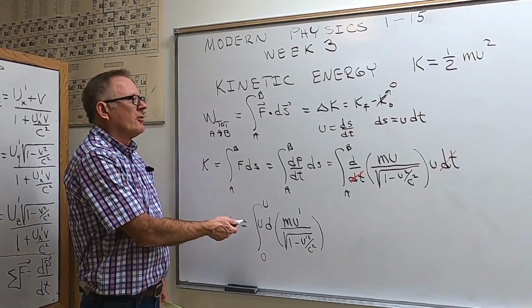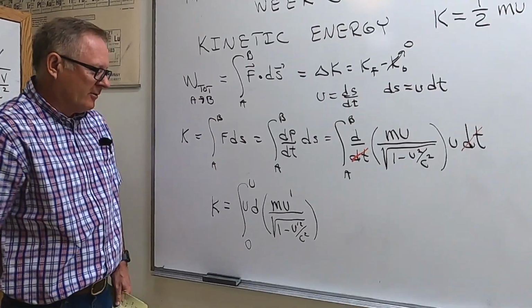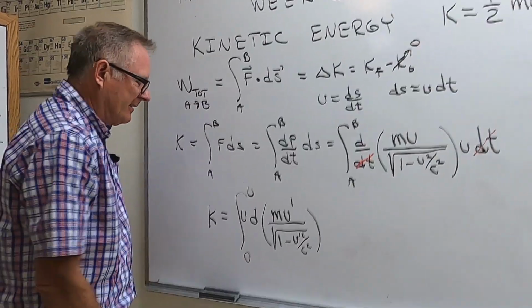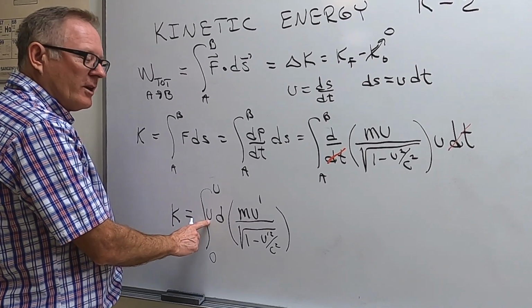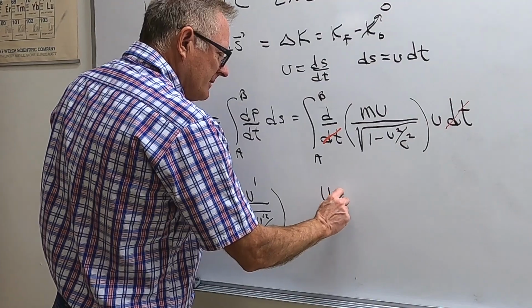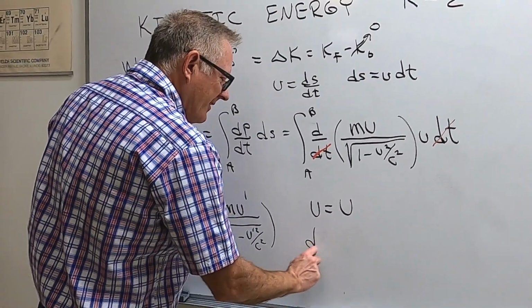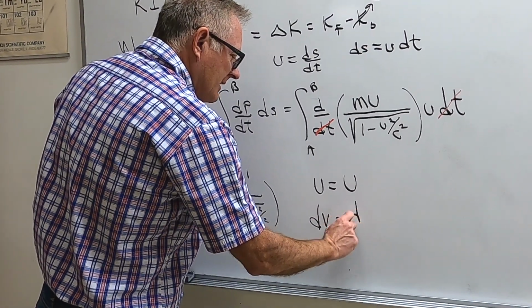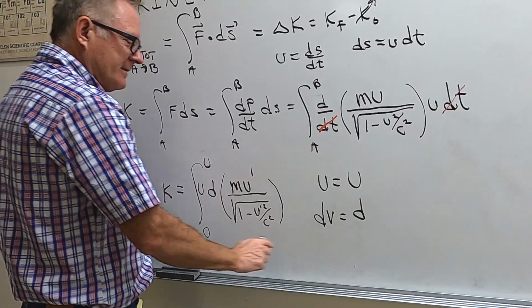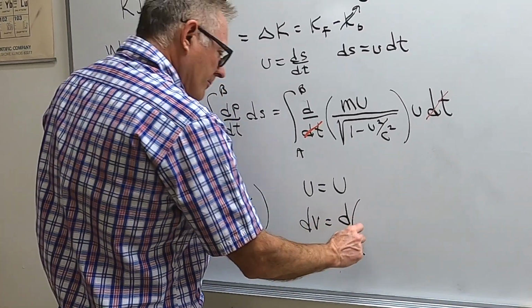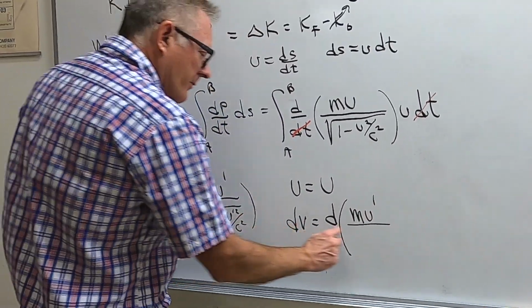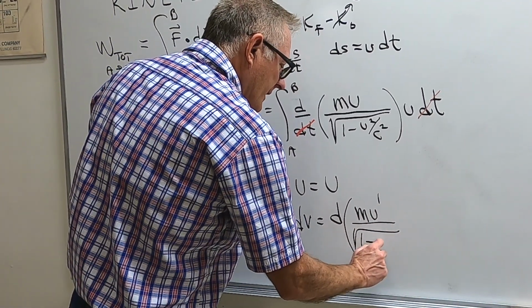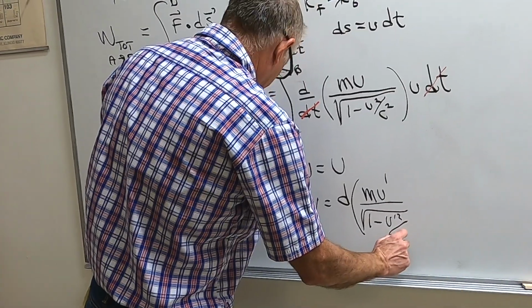Our first integral in the whole course so far, our first little bit of calculus. Well, if we're going to do parts right here, why don't we let u equal u? That's nice. And dv, we'll just let it be d of all this: d of mu prime all over the square root of 1 minus u prime squared over c squared.